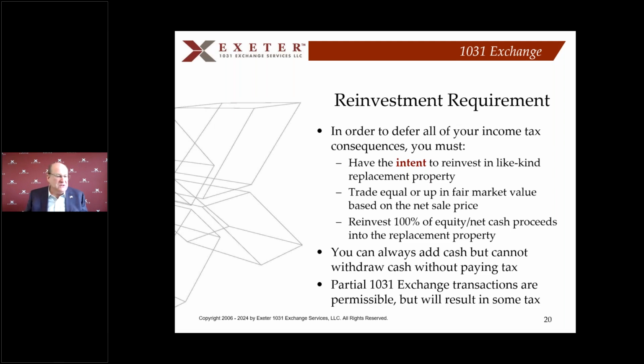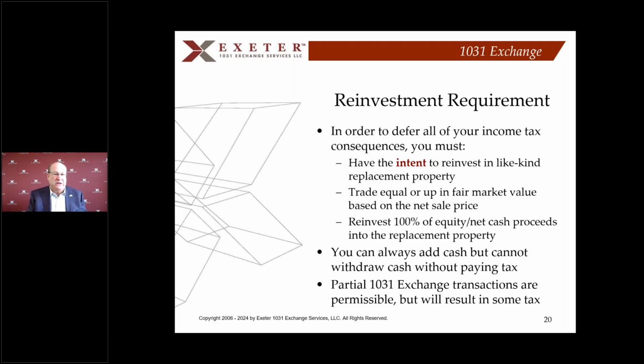So just to keep the numbers easy, let's say that you're selling property for $1 million. How much do you have to reinvest? On a $1 million sale, you are allowed to subtract your routine selling expenses. So your broker's commission, title, escrow, documentary transfer tax, recording fees, and things like that.